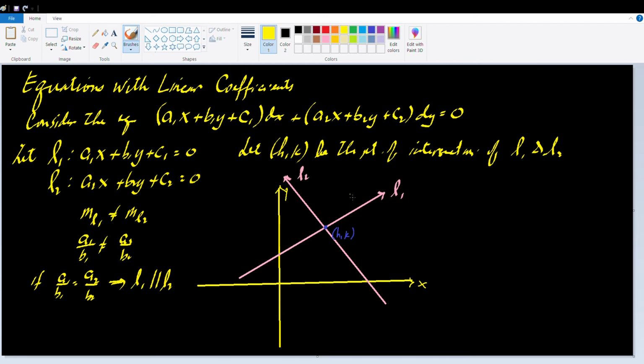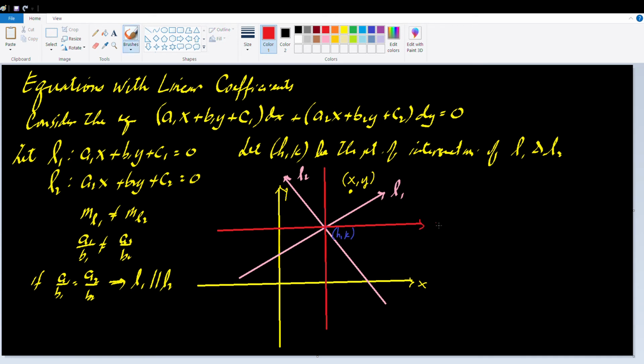Alright, so if we are to consider a point in the plane, that point has the coordinates x, y. We introduce a new set of coordinate axes, one that is parallel to x and the other that is parallel to y.